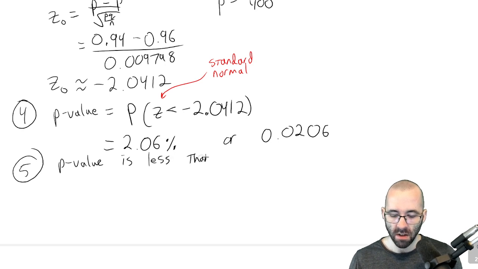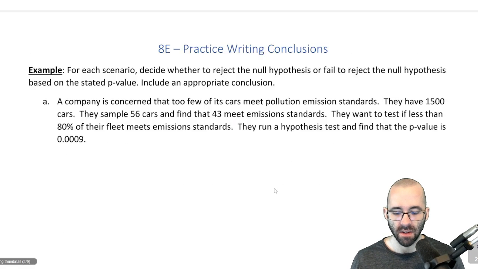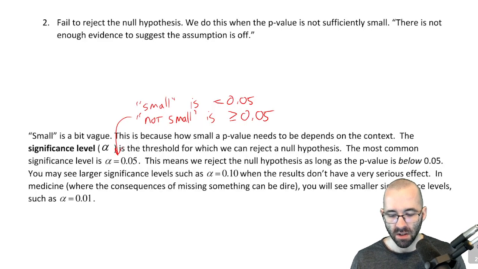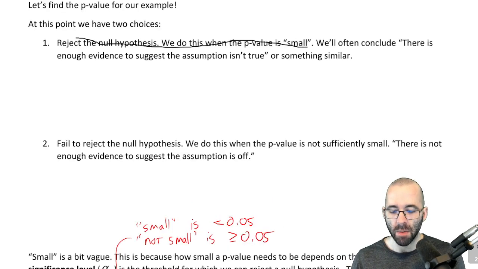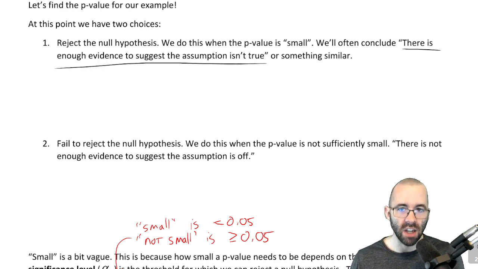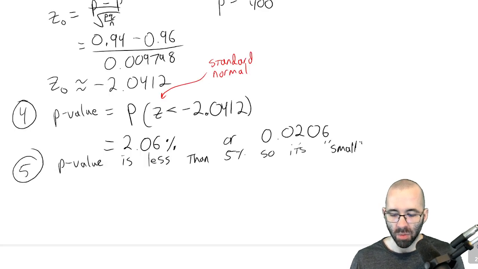So we're going to say it's small. What does that tell us to do? If it's small, we reject the null hypothesis. We say there is enough evidence to suggest the assumption isn't true. We do have to write it in the context of the problem.